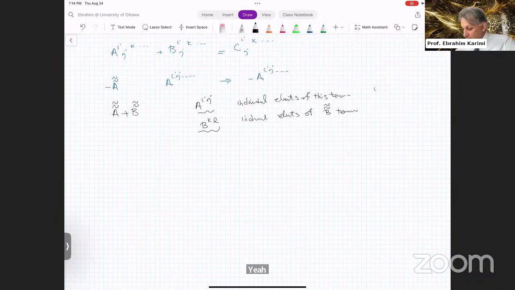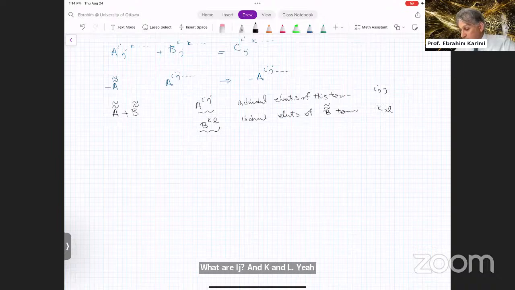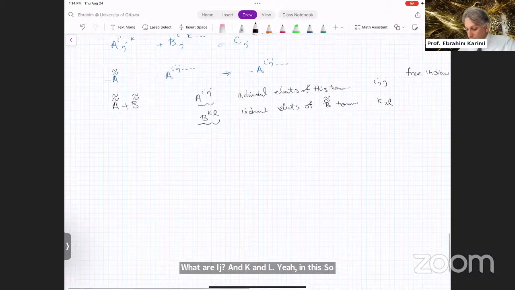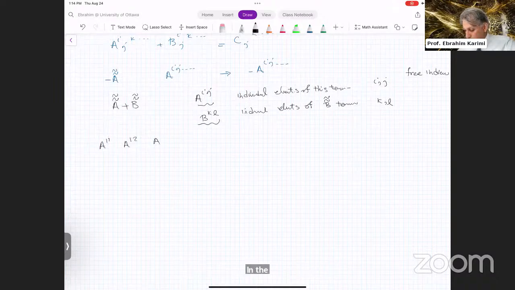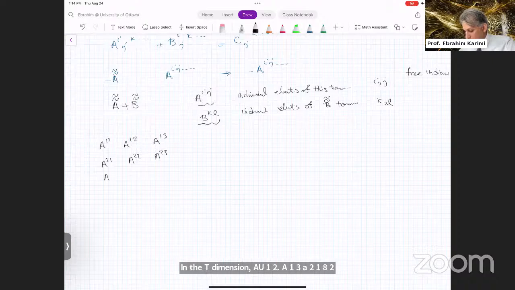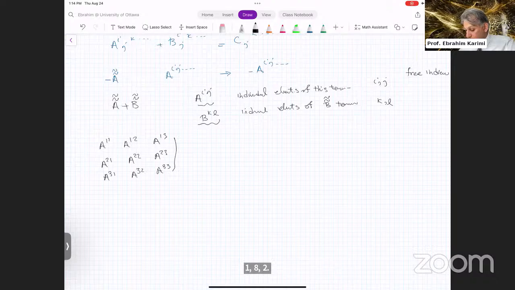What are I, J, K and L? They are free indices. So, for example, the first one will be A11, and in 3 dimensions, A12, A13, A21, A22, A23, A31, A32, A33. This is the tensor A.